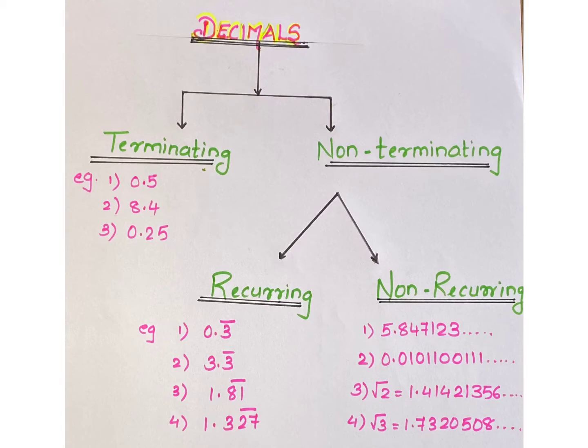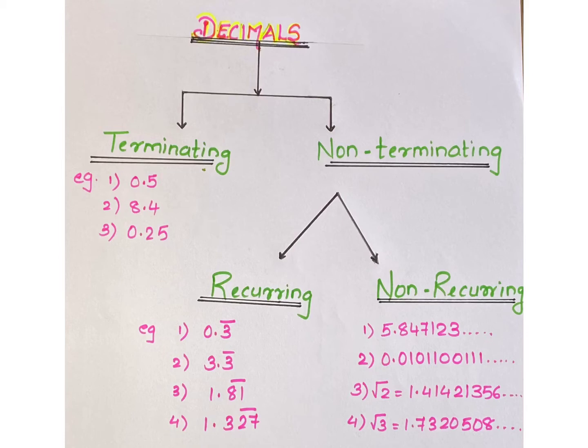For example, 0.3 bar, that is 0.3333. 3.3 bar, that is 3.3333. 1.81 bar, that is 1.81818181. 1.327 bar, that is 1.3272727.